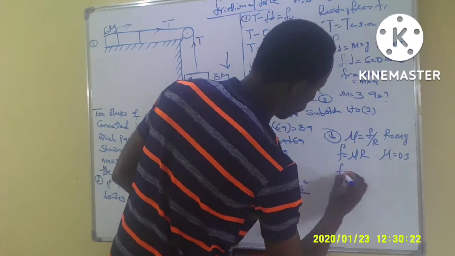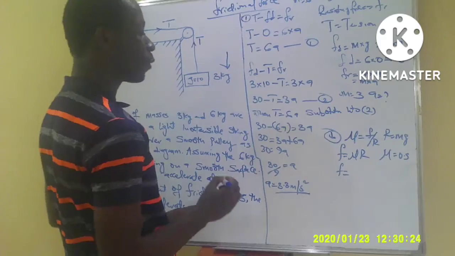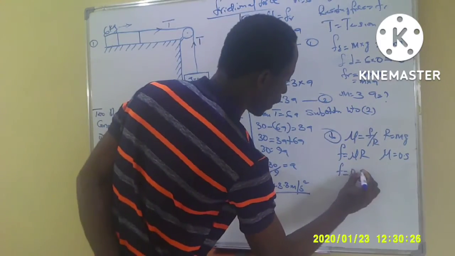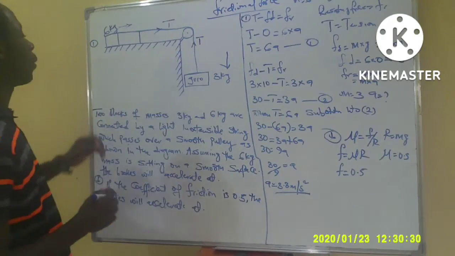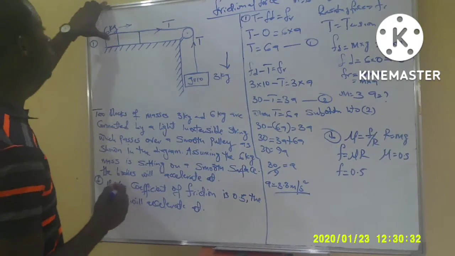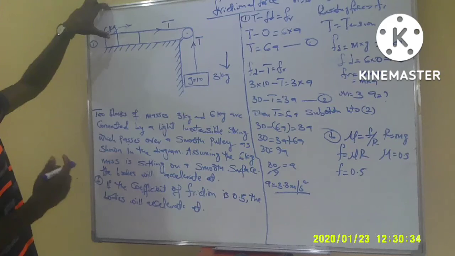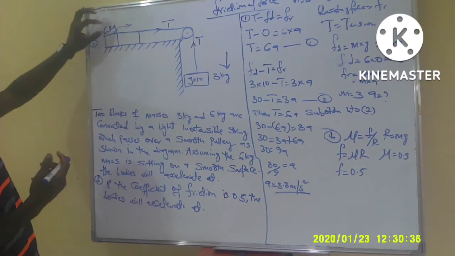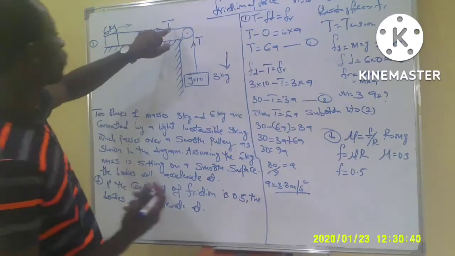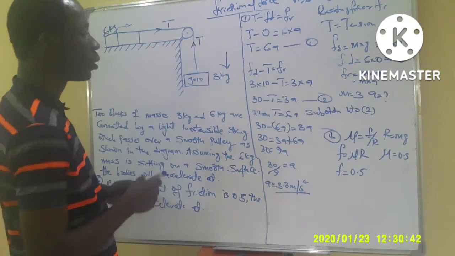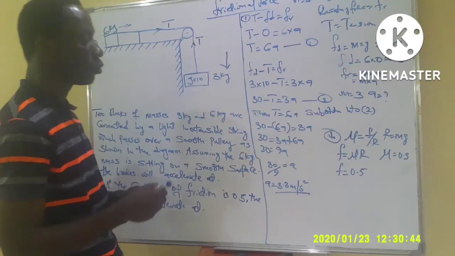So what is the frictional force now? The frictional force is going to be 0.5 times the effective force acting between this box and the surface. Of course, this tension tends to drag the body downward, so acceleration due to gravity will be introduced.